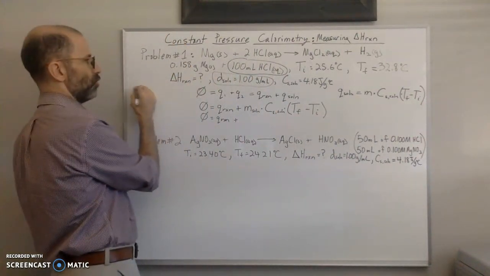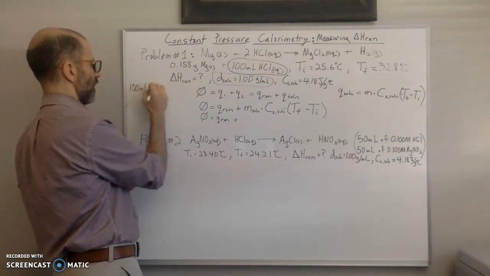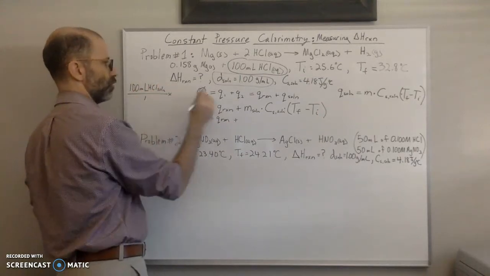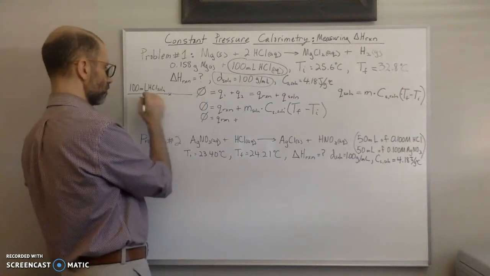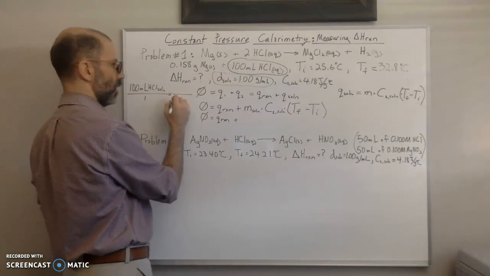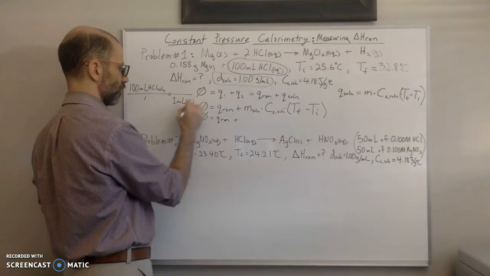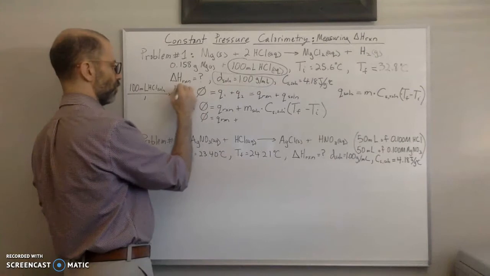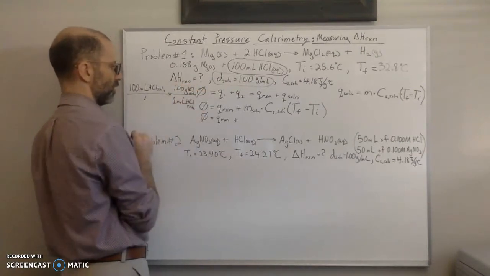So what we need to do is we take the 100 milliliters of the HCl solution, and we're going to use the density as a conversion factor. So we have milliliters on the bottom, so we're going to have 1 milliliter of the HCl solution on the bottom, and then we're going to have 1.00 grams of HCl solution on the top.